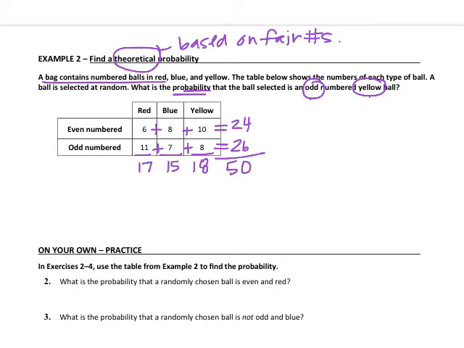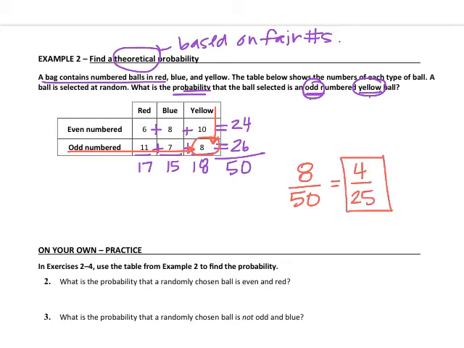So if I wasn't looking in the bag and I just randomly pulled a numbered ball out of the bag, what's the chance that I'm going to get an odd one and it's going to be yellow? So it looks like to me, here's the cross between odd and yellow, and I end up with 8 of the balls are odd and yellow out of 50. However, I want to make sure I reduce my fraction to its lowest term. So there's a 4 out of 25 chance that I'm going to select an odd ball that is yellow.